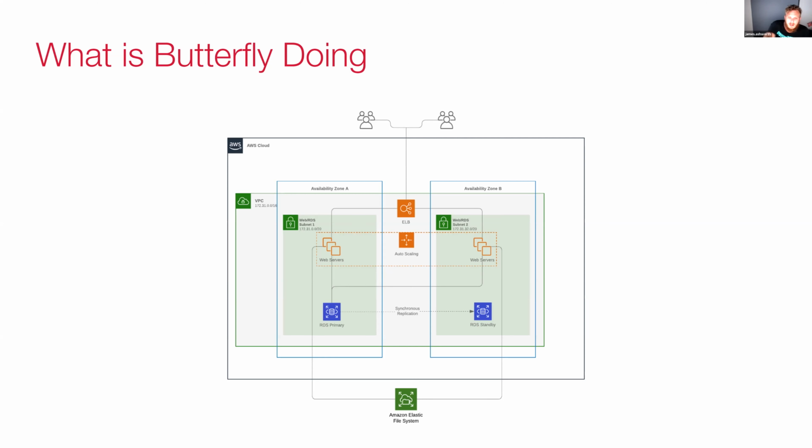So here we can see we've got the web servers in their own availability zone. We've got RDS, that's our database servers sitting at the back. And yeah, there is a more complex version of this, which is on the next slide, with security best practices. But then we use Amazon EFS as a file mount to mount onto these servers.